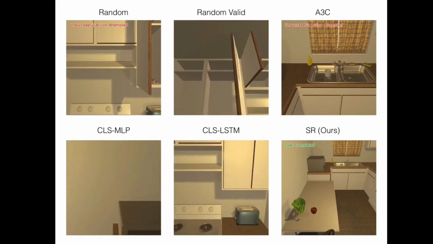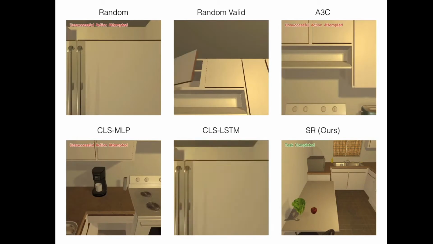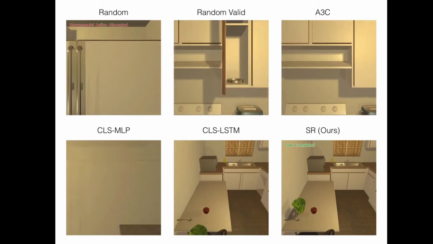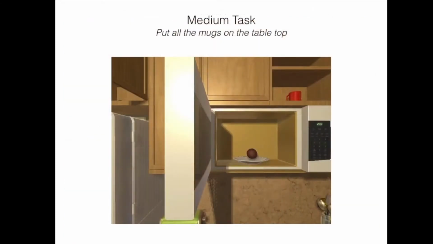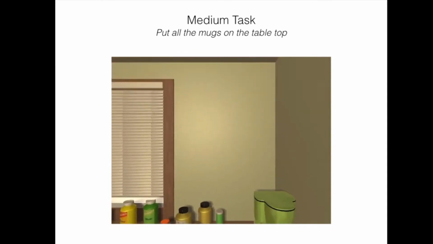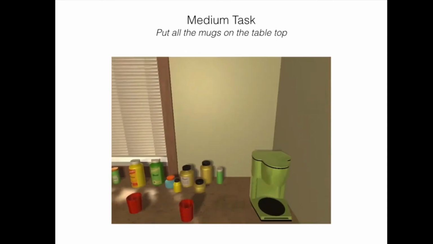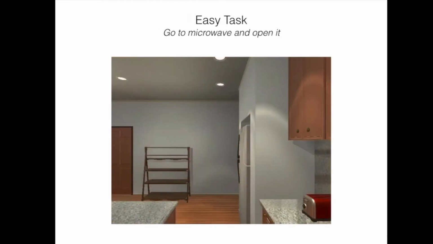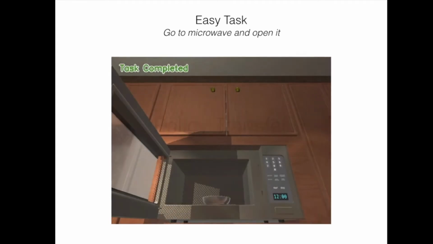Compared to the baseline methods, our model is able to complete the task with the fewest steps. In the medium difficulty task, an agent must collect several objects from multiple locations and bring them to a pre-specified final location. In the easiest task, the agent must navigate to a target location and open or close a specific door.